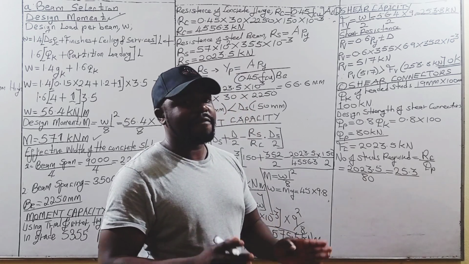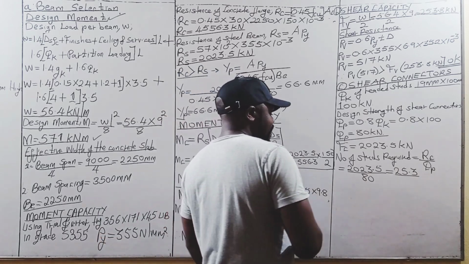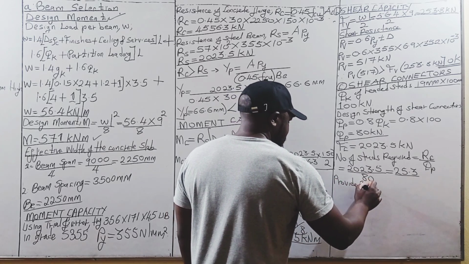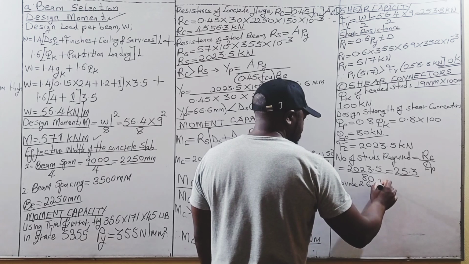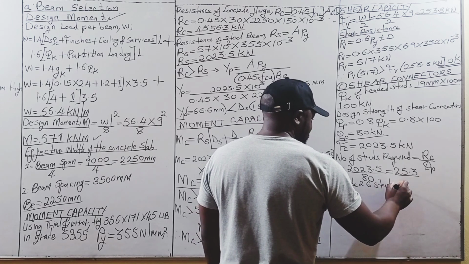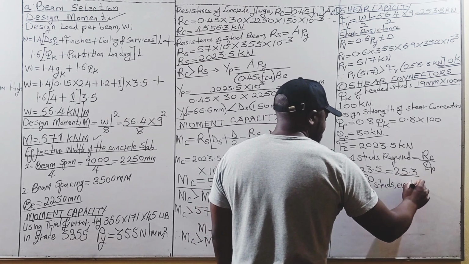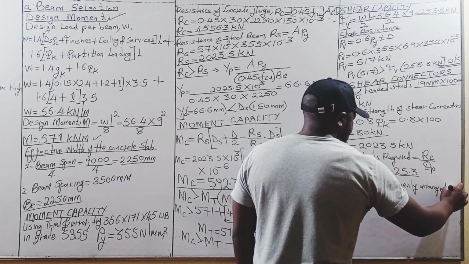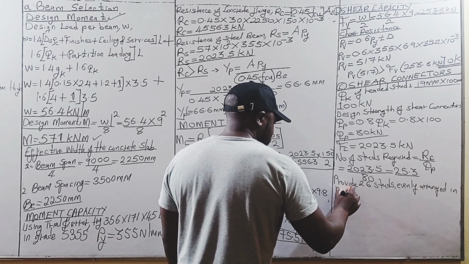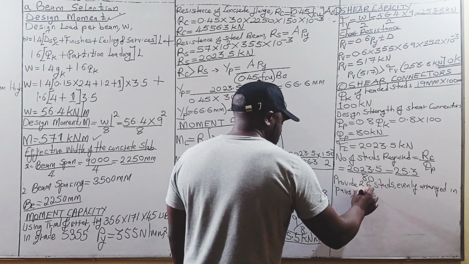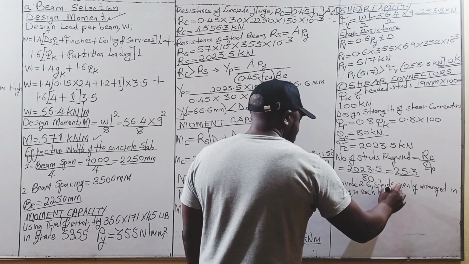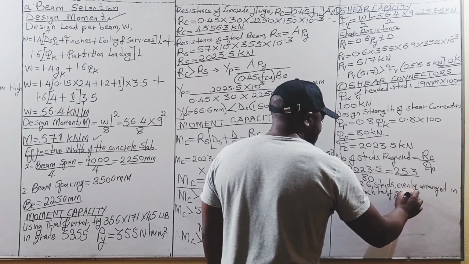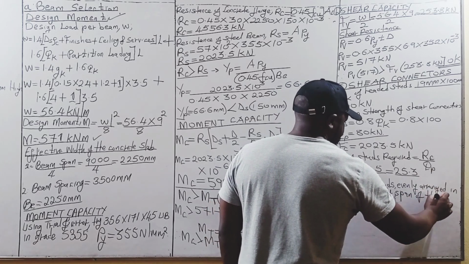We are going to have an even number of studs. Therefore, we are going to say this: provide 26 studs evenly arranged in pairs in each half span of the beam.